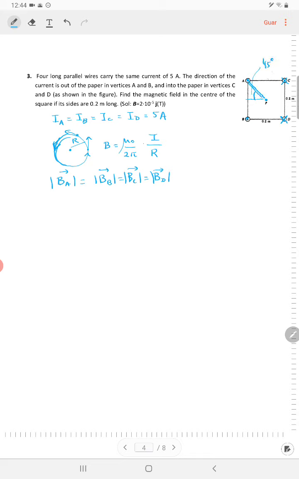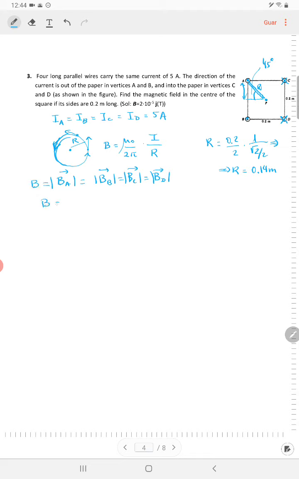So we can calculate this distance r, and it's going to be equal to 0.2 divided by 2, which is this length here, times 1 divided by the cosine or the sine of 45 degrees, which is this here. So we know that this r in all cases is 0.14 meters.